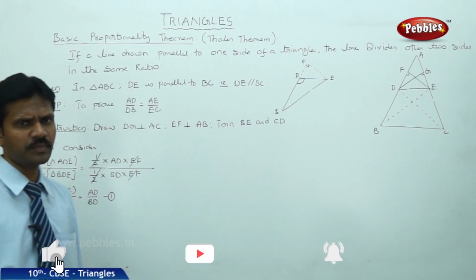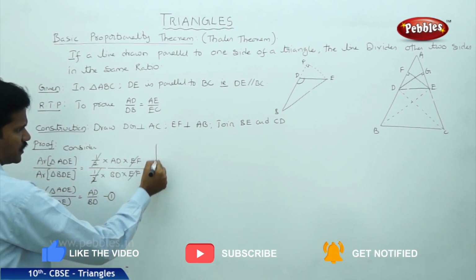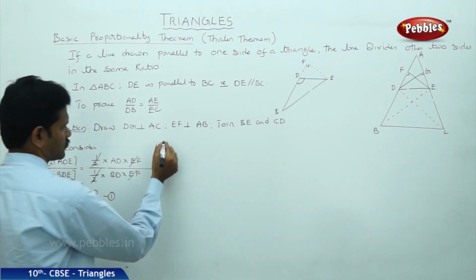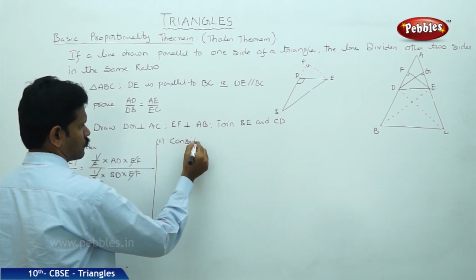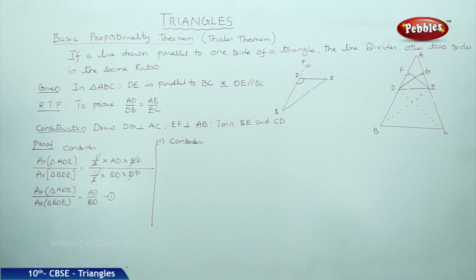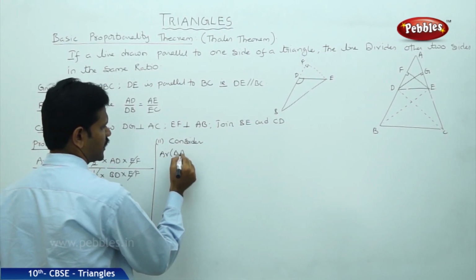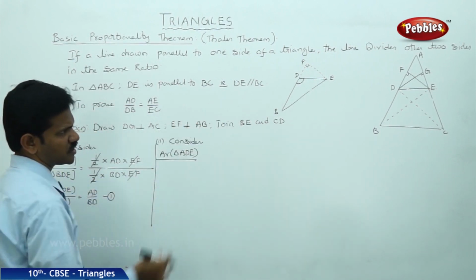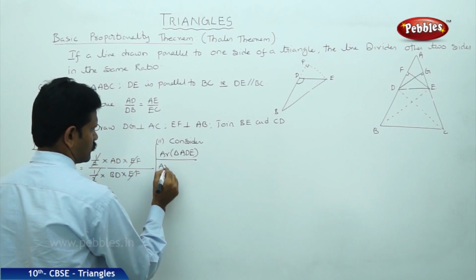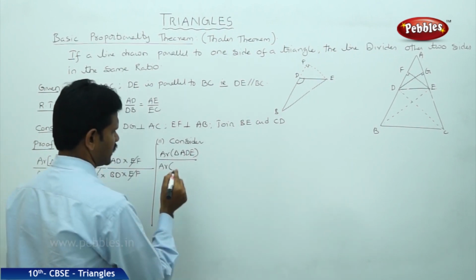Now let us see the second part, case 1. Similarly consider the second part. Consider area of triangle ADE by, please consider extreme right, area of triangle CED.